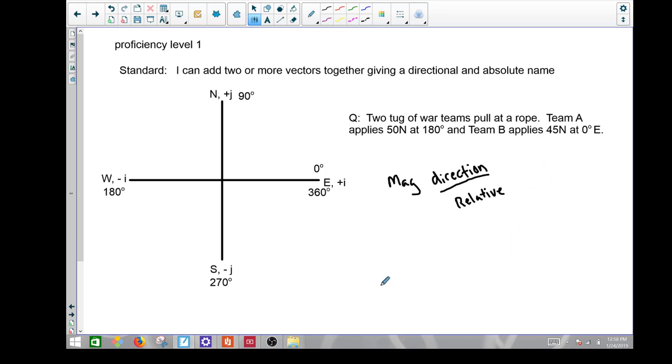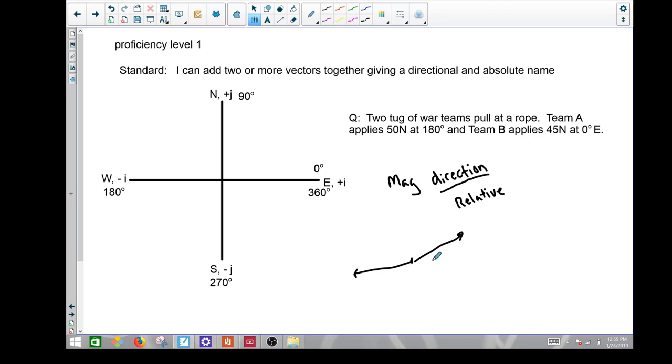Here again, we're adding vectors together, giving a directional and absolute name. So here I have a tug of war, two teams pulling on a rope. One simply pulls the rope one way and the other pulls it the other way.